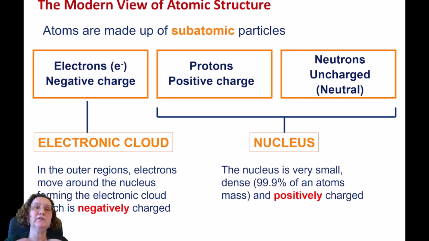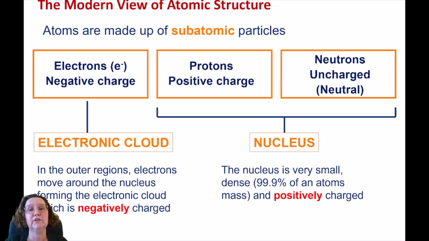So how do we understand the atom nowadays? Well, atoms are made of subatomic particles, so we do know that, yes, you can actually split atoms. You can split them into electrons, protons, and neutrons. Electrons are negatively charged and protons positively charged, and neutrons have a mass but don't have charge.